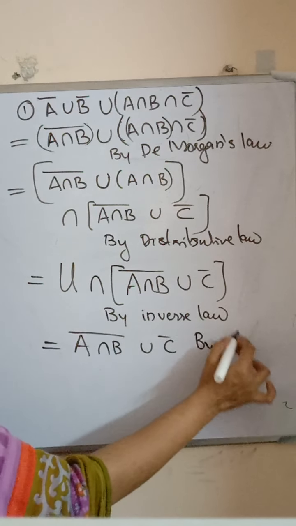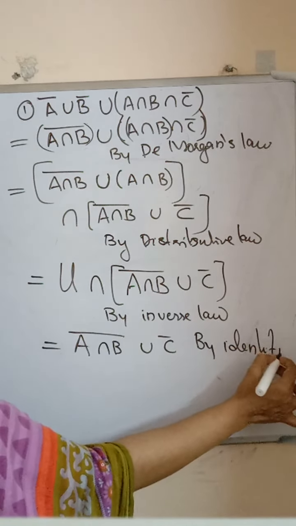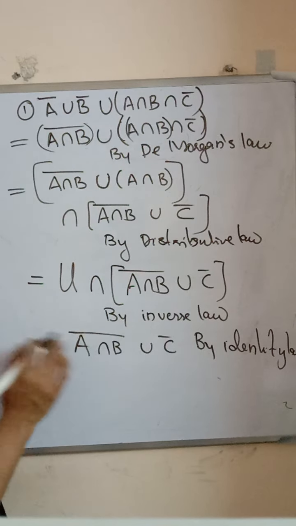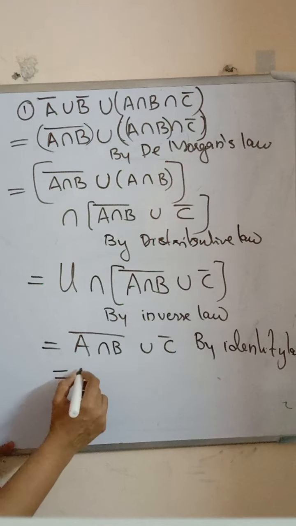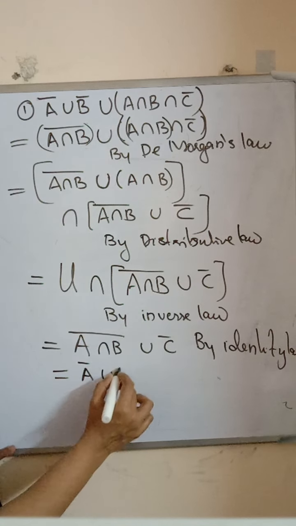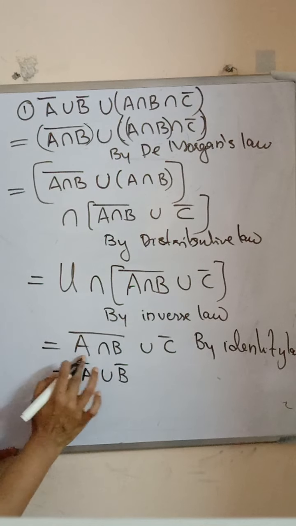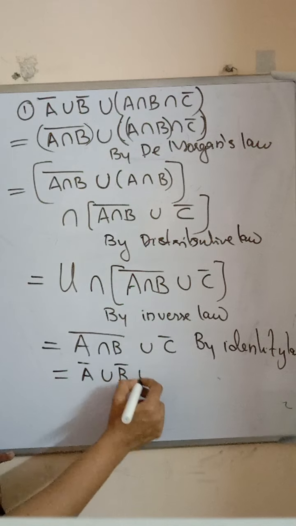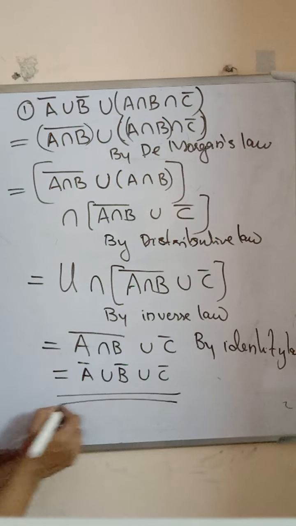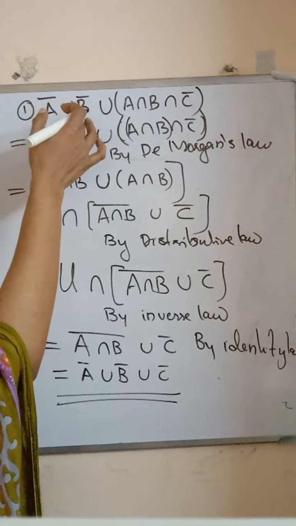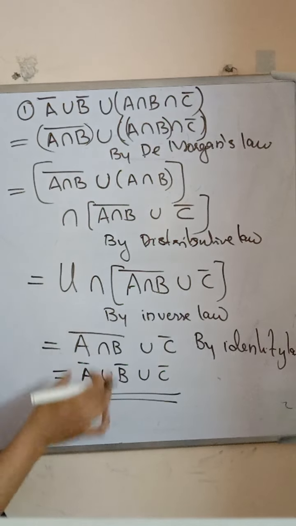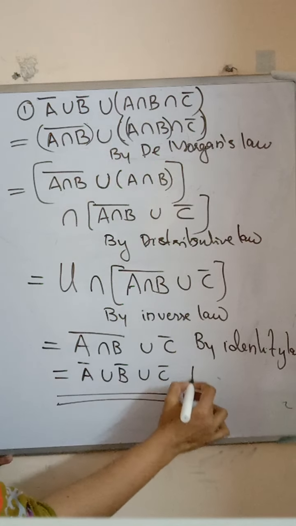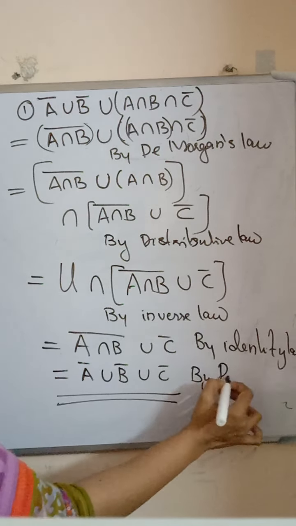Then by De Morgan's law, A intersection B whole complement is equal to A complement union B complement union C complement. Now we simplify this representation as A complement union B complement union C complement. This last step is by De Morgan's law.